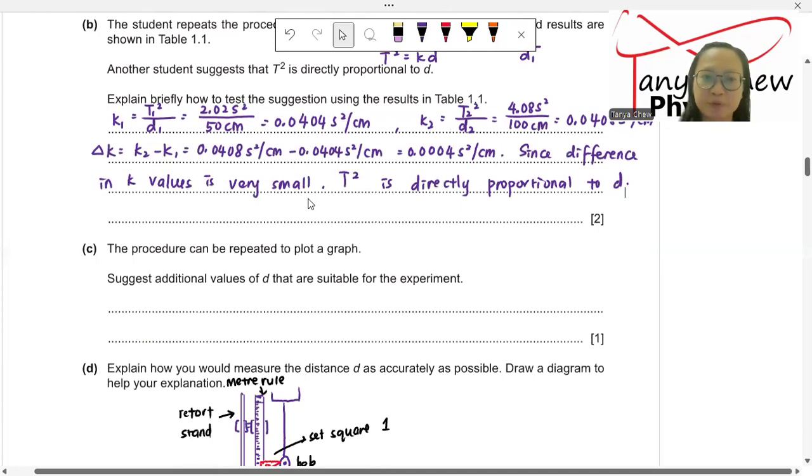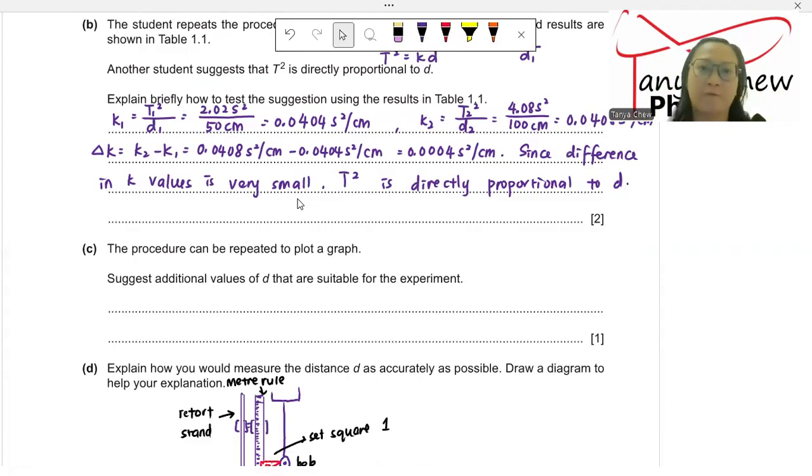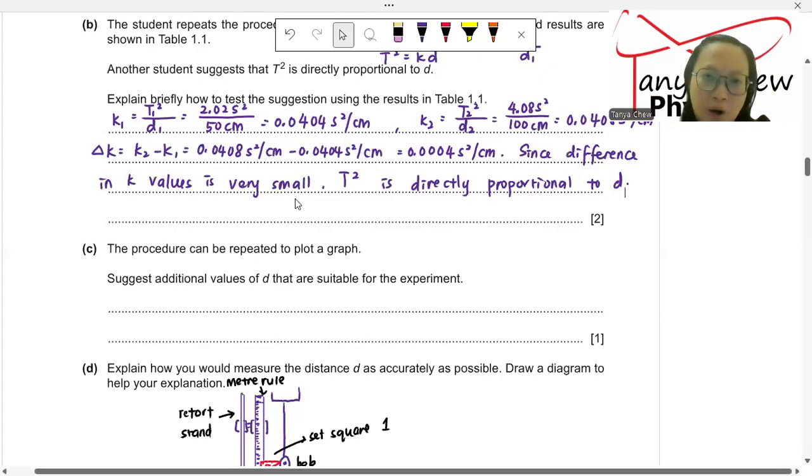Now C, the procedure can be repeated to plot a graph. Yes, that is true. Suggest additional values of D that are suitable for the experiment. I want you to bear in mind, if you want to plot a straight line graph, and it is confirmed that it is a straight line graph because the student suggested that T square is directly proportional to D, you need at least 5 readings.